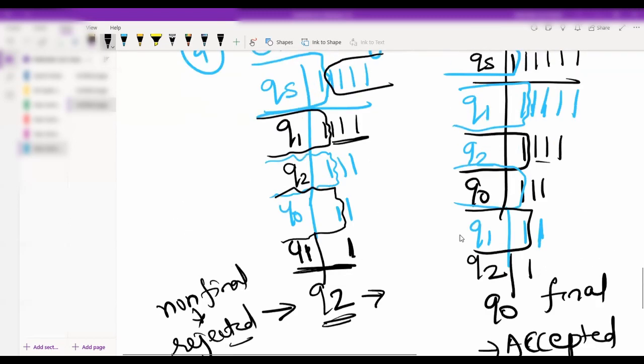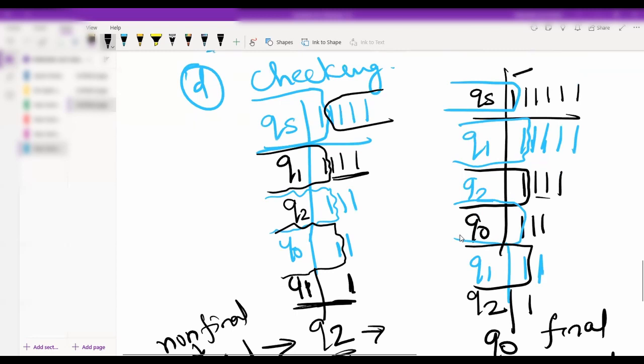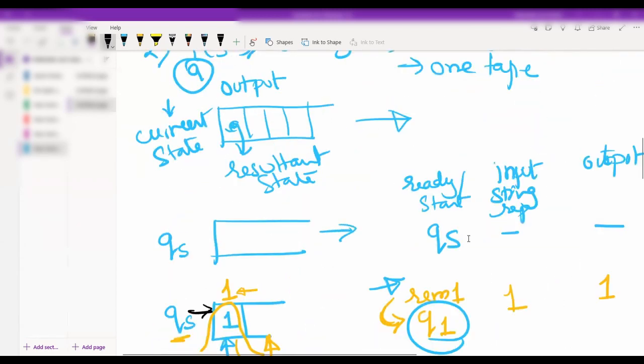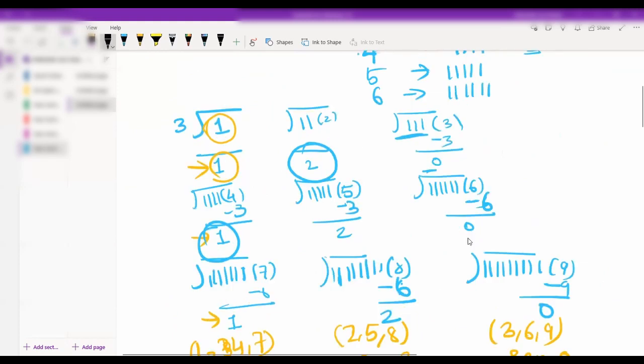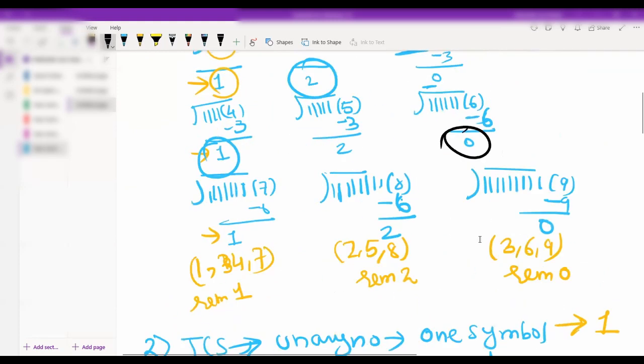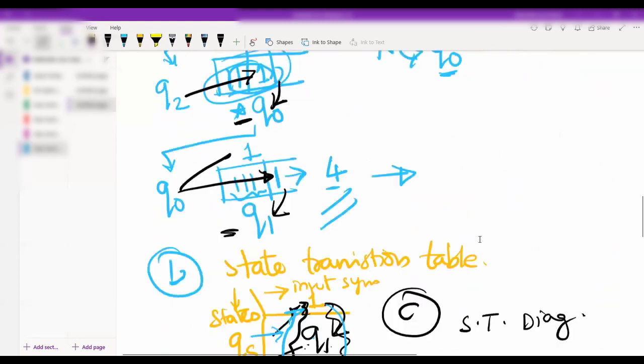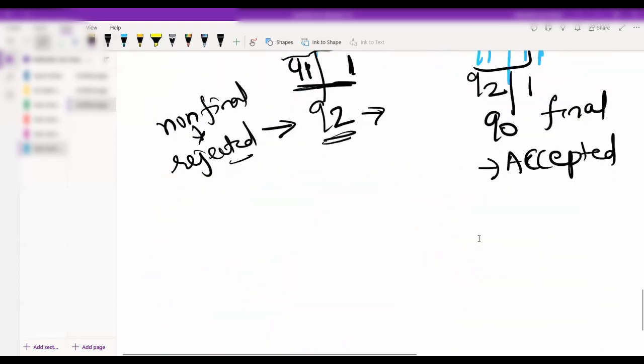Now, 6 occurrences of 1 is nothing but the decimal number 6. The decimal number 6 is completely divisible by 3. That means this has to be accepted by your finite automata, which we already got. So this is how we have designed finite automata for unary numbers divisible by 3.